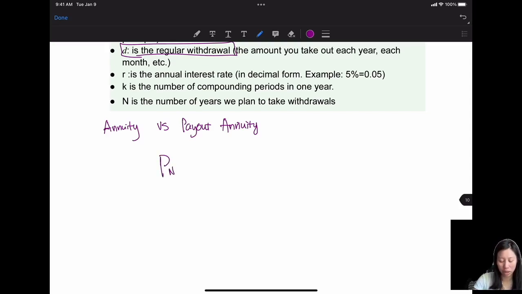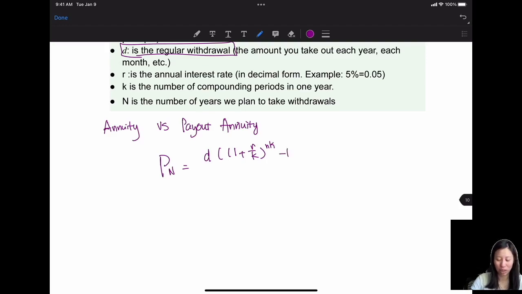So for annuity, P sub N equals D times (1 plus R over K) to the NK. Oh God, I don't remember that. Let me check my notes.